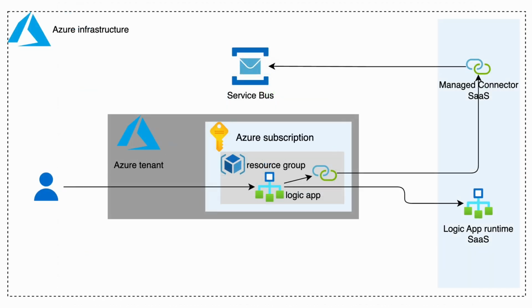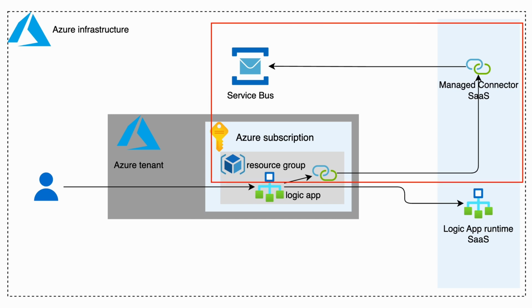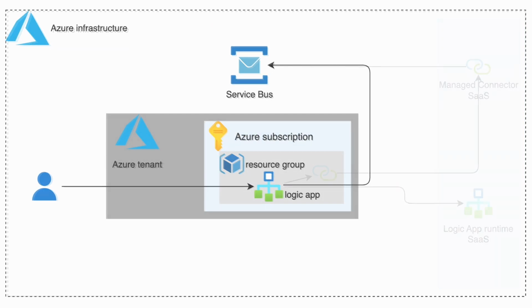With a managed connection, when your logic app needs to send a message to Service Bus, for example, it makes a call out to Azure's connector service, which then calls Service Bus. That's two network hops. With a built-in connection, your logic app talks directly to Service Bus, one network hop, low latency, and it all happens within your secured environment.